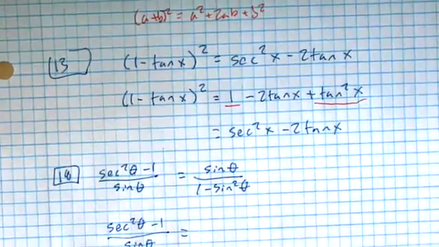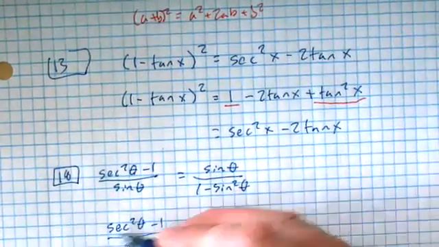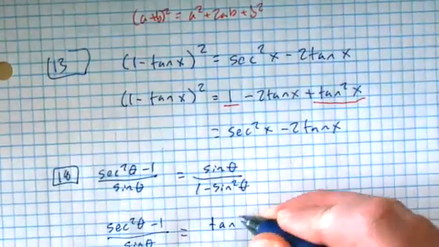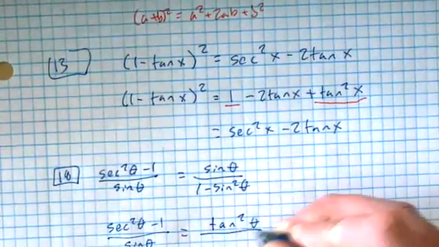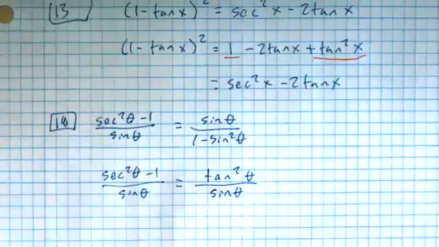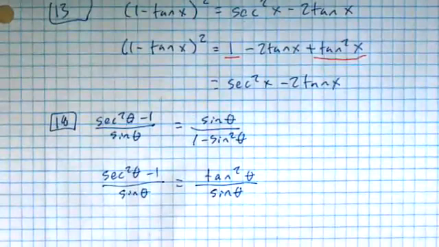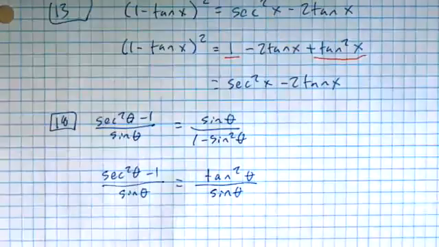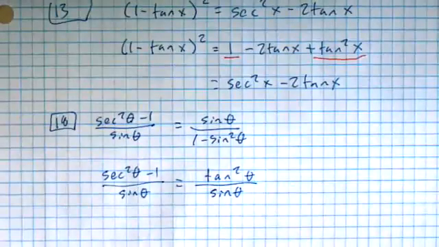That is tangent squared. So secant squared minus 1 turns into tangent squared. Gee, where am I going to get that 1 minus thing from? Well, let's just keep going and see what we can do.